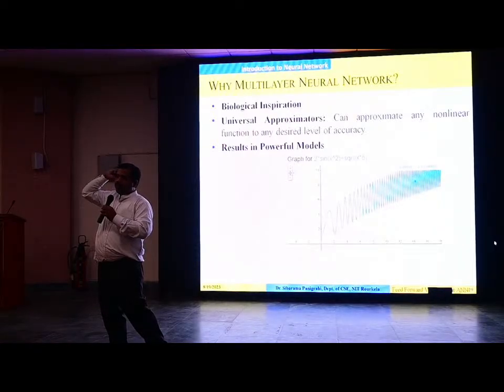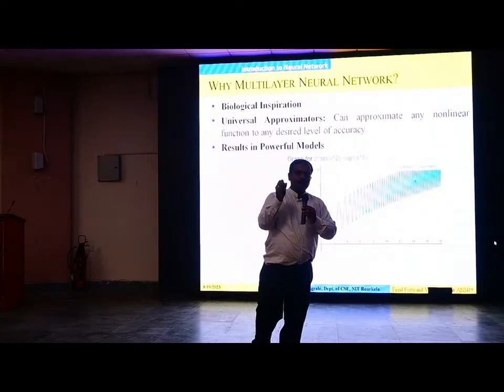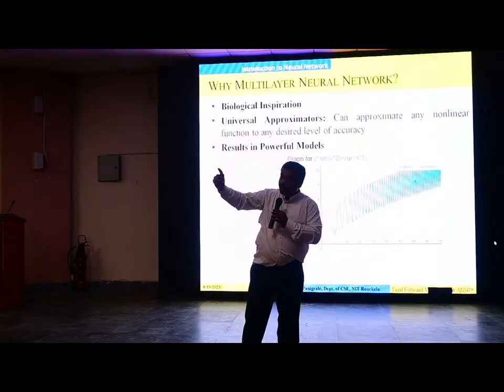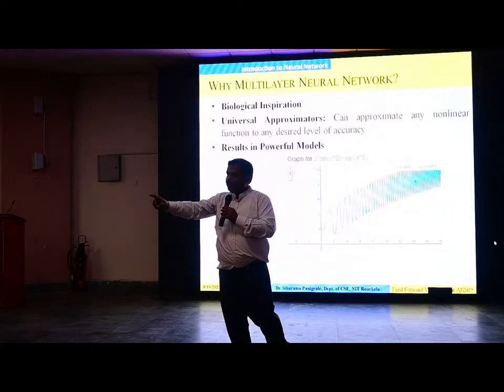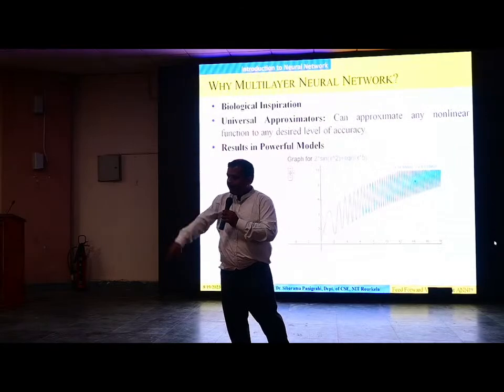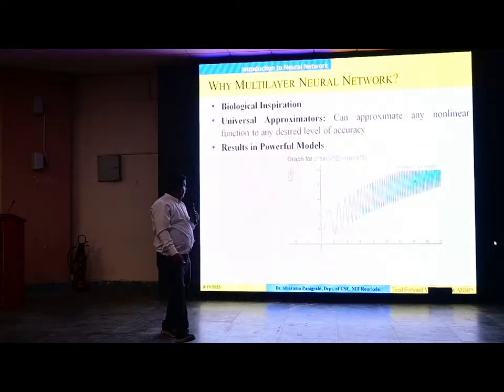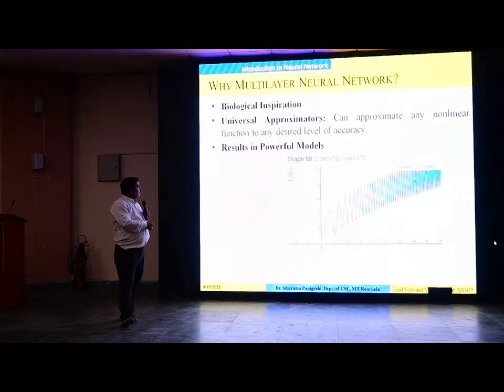A multi-layer neural network can approximate any nonlinear function to any desired level of accuracy, provided that you get the right weights, right biases, right activation function. Is that clear? And the next important thing is that it results in powerful models. If you plot this function in Google, 2 into sine x square plus sqrt x into 5x.